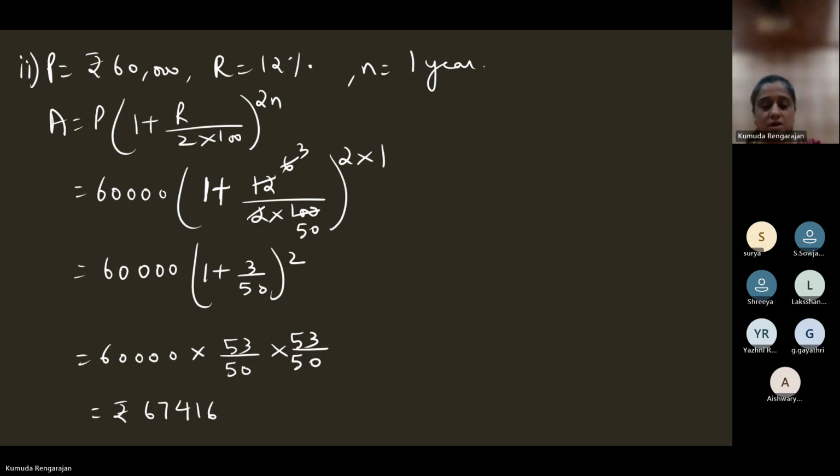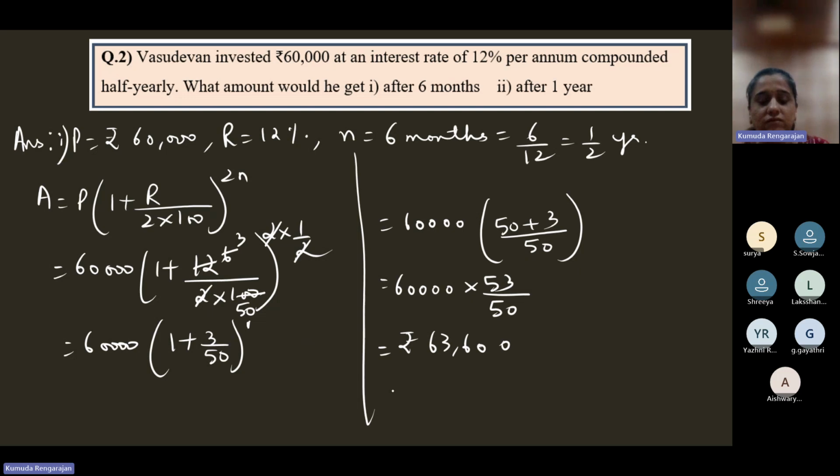Correct. So here you need to write, Vasudevan will get rupees 63,600 after 6 months.